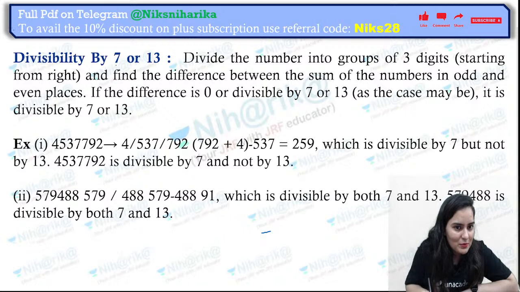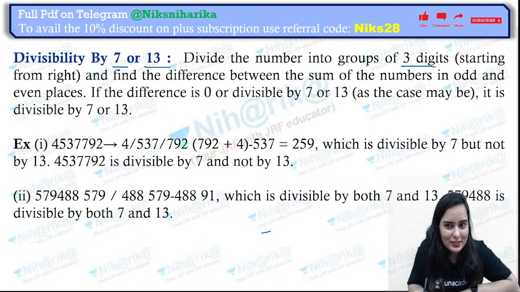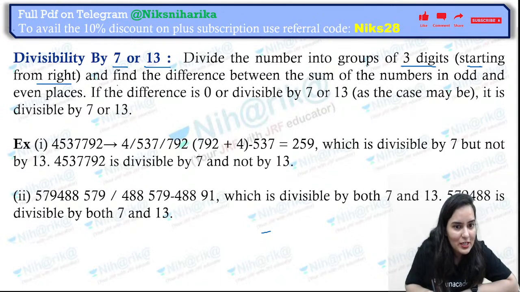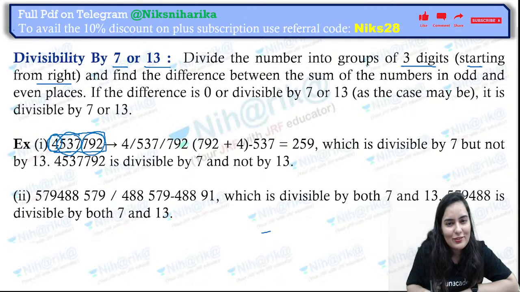See, divisibility by 7 or by 13. Divide the number into groups of 3 digits, starting from the right side. If you have such a big number, which will not be given in your exam, but still, from the right side take this group, then this group, and then the number 4. Find the difference between the sum of these numbers in odd and even places.